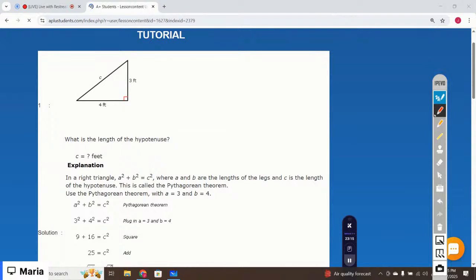C is the square root of 25, so C equals 5.